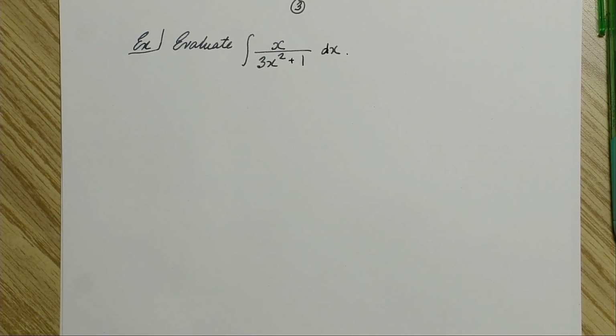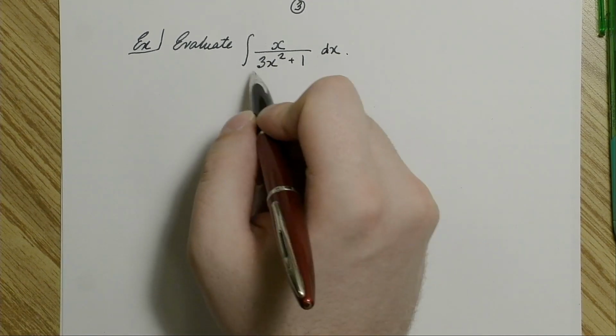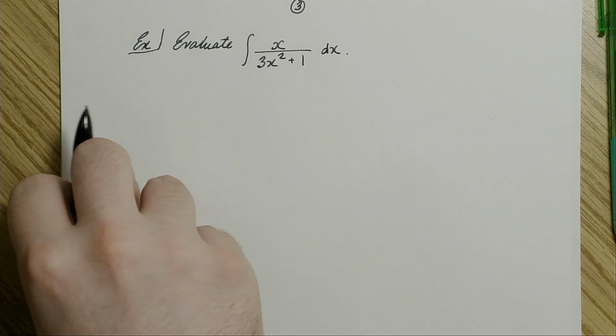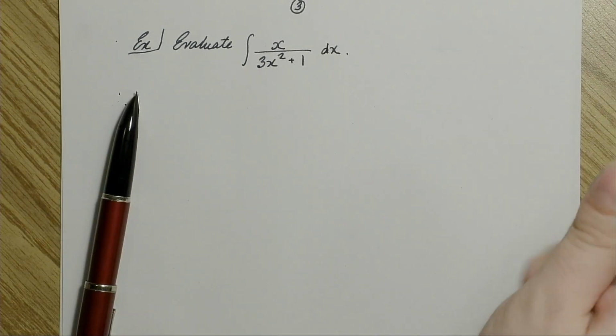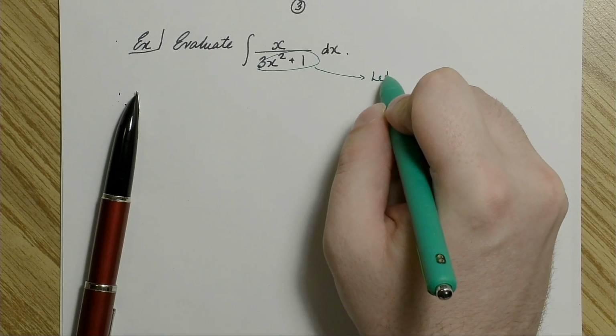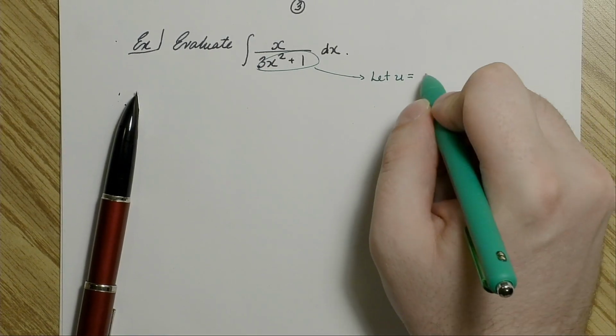Okay, so probably the more complicated part of this is what's in this denominator here. So what I'll do is let that be equal to u.